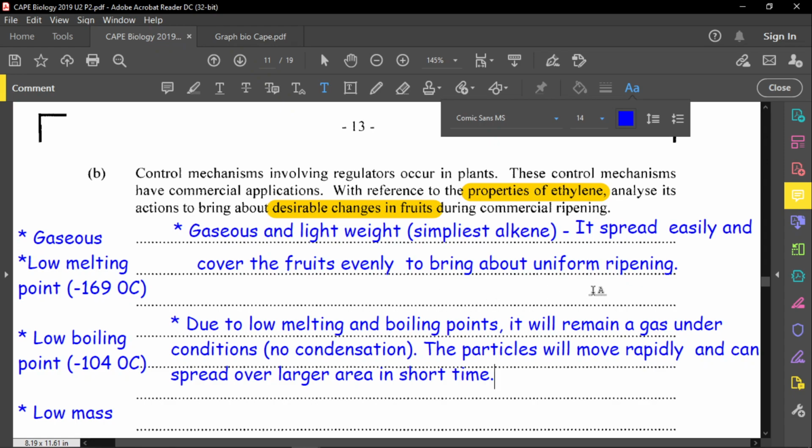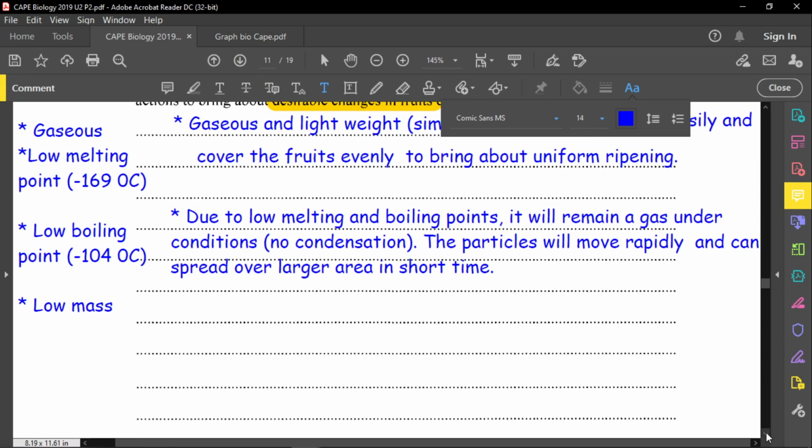So instead of you having a whole storage of fruits that you want to ripen within a week, and having some ripen and some not ripen, you could have a whole batch of fruits ripe at the same time, and so those could go on the shelves looking uniformly colorful and nice. So the first point talks about the uniformity in ripening.